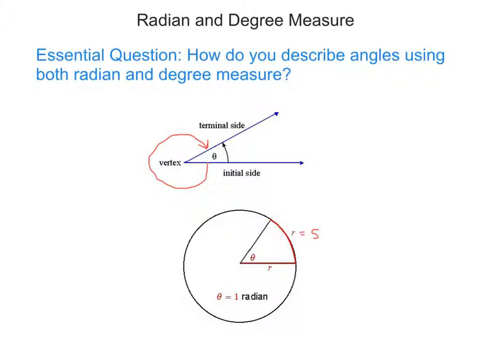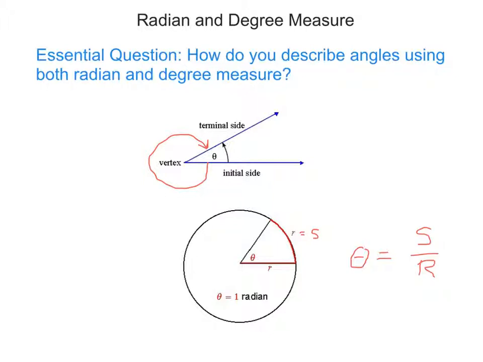Or algebraically, we could say that theta is equal to S over R. So you can see that theta is equal to 1 when S is equal to R, in this case, 1 radian.